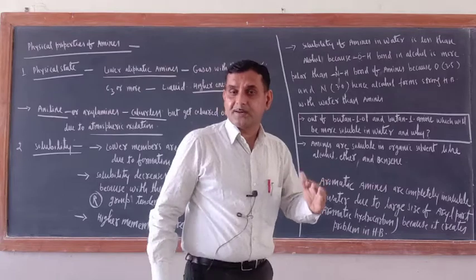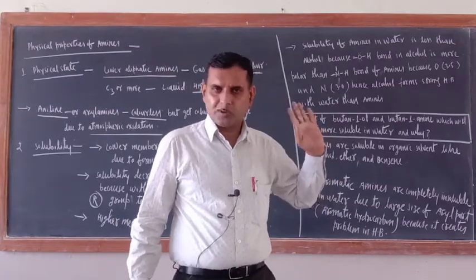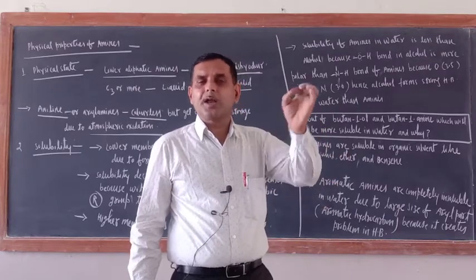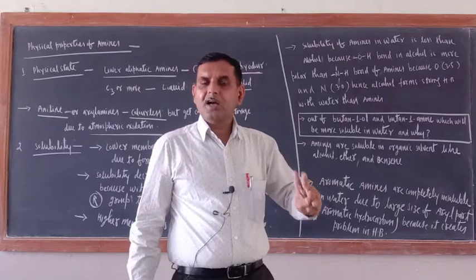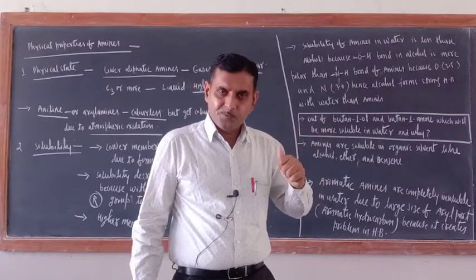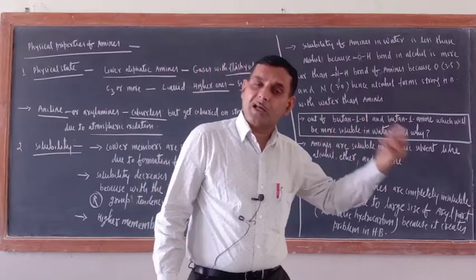Once again listen. Of course, whatever half answer you have written is correct, no doubt about it. Oxygen electronic configuration is ns2np4. It has got the shortage of 2 electrons to have complete octet. So it wants to take 2 electrons from others.